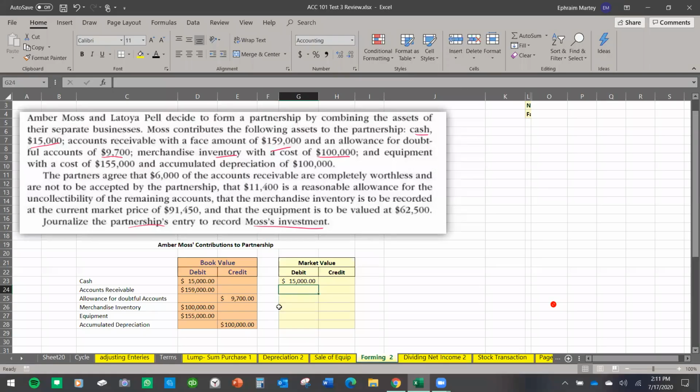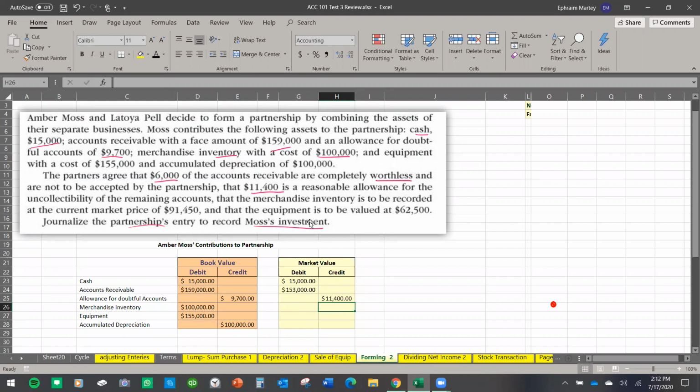The partnership agreed that 6,000 of the account receivable is completely worthless. So we take this and subtract 6,000, which gives 153,000. And they said that 11,400 is a reasonable allowance for uncollectible accounts. So the company says not 9,700, but 11,400 is reasonable.